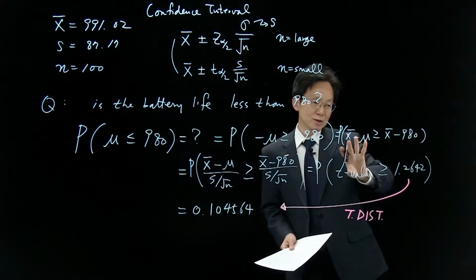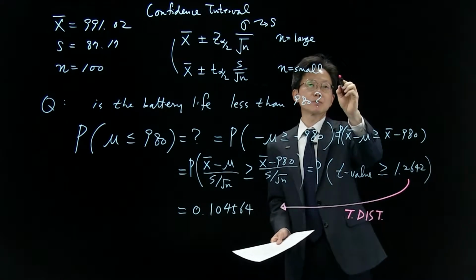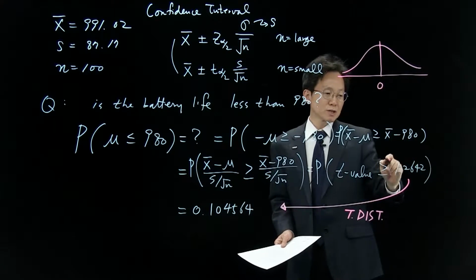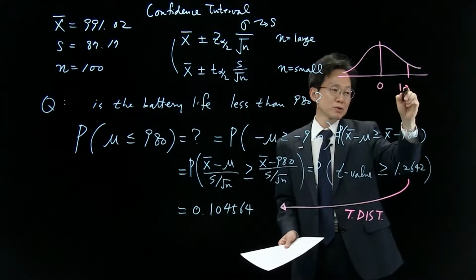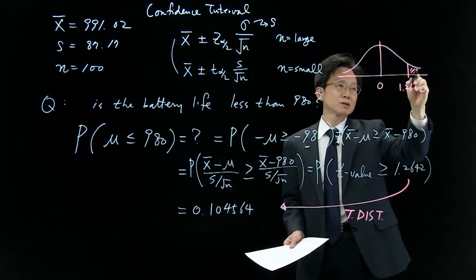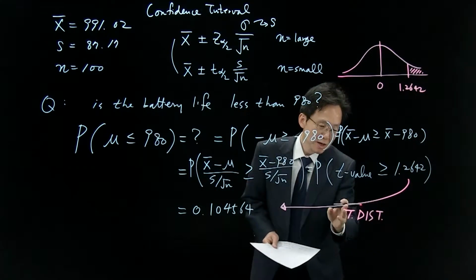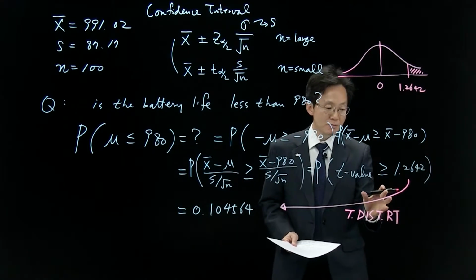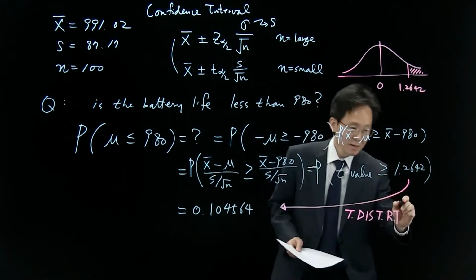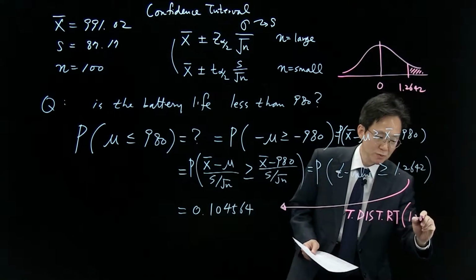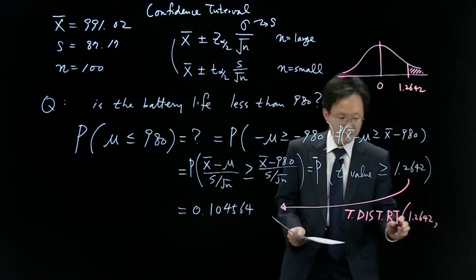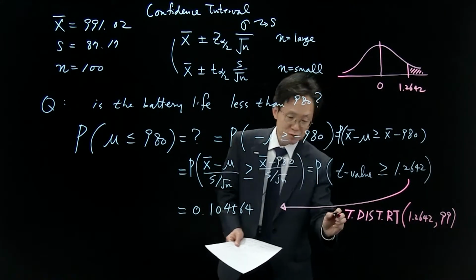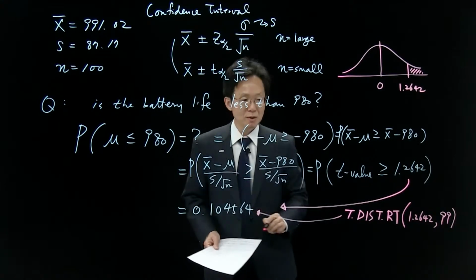But now we are looking at the upper side. In other words, if this is the T distribution, this is 0, and this one is 1.2642, what is the probability here? So T.DIST.RT, meaning the right tail, and then you put 1.2642, and degrees of freedom is n-1, which is 99. If you use this, you will get this probability.